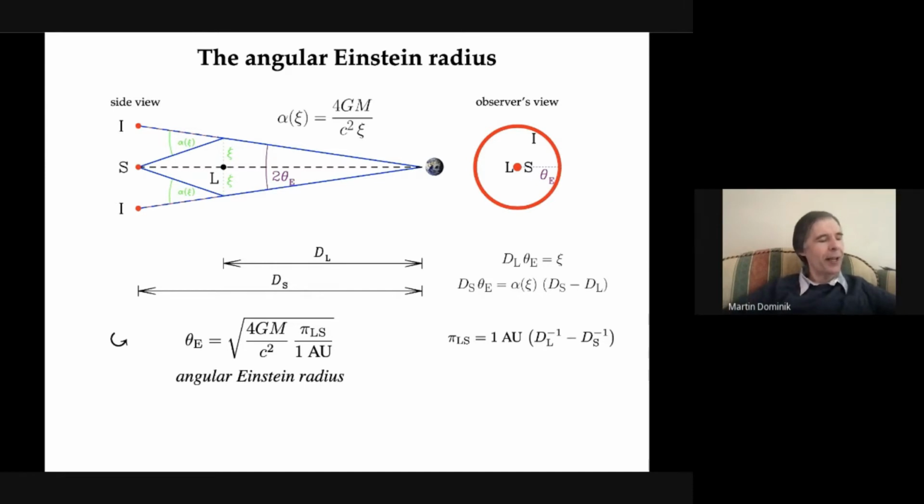The angular Einstein radius itself derives from the Schwarzschild radius, has the relativistic factor 2, and is amended with the relative lens-source parallax, which is a measure of the geometry of the system.